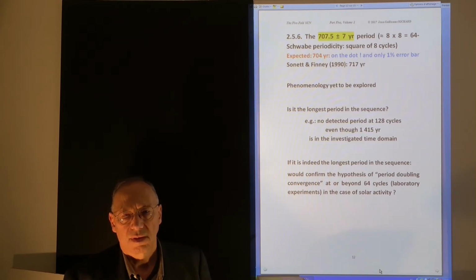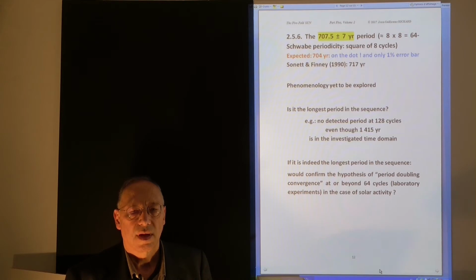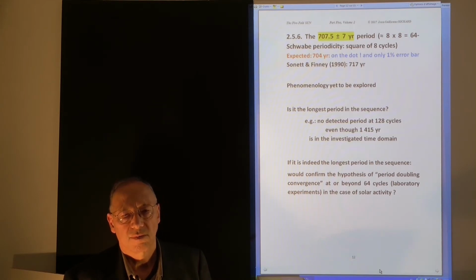For instance, there is no detected period of 128 cycles, even though this length of about 1,400 years is well within the investigated time domain, in which we will separately find at least one fluctuation of more than 2,000 years. So perhaps in this particular period doubling sequence, 707 years might be the longest one.